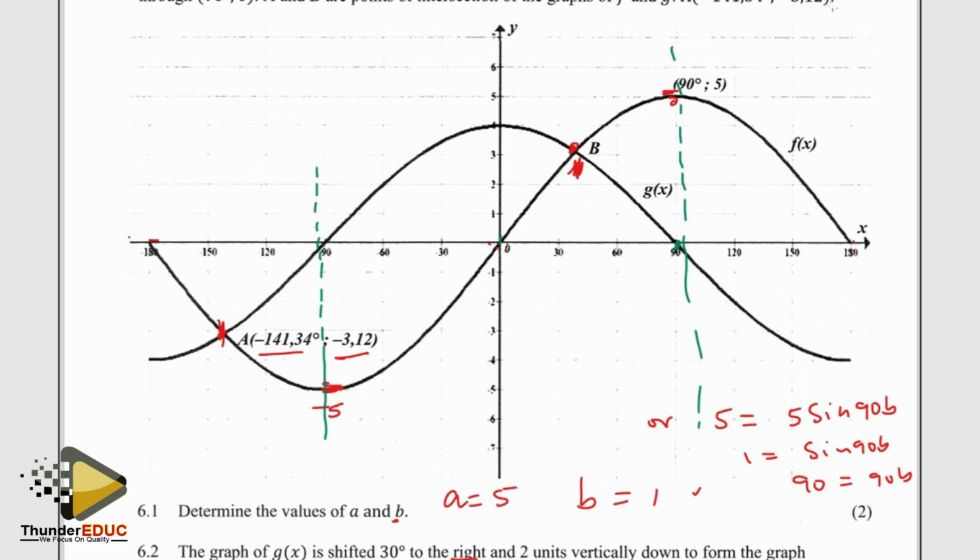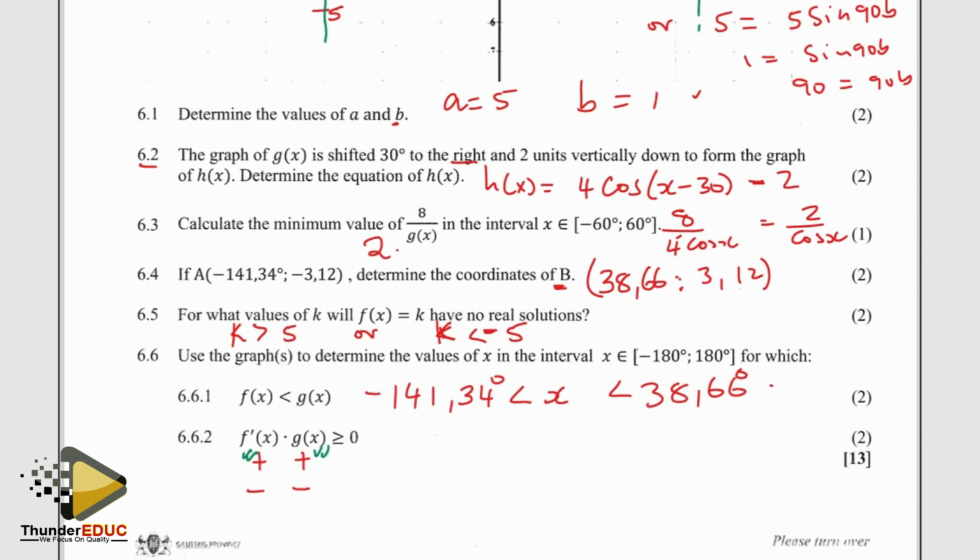Okay, so F is increasing between this point and this point, and G is above between still this point and this point. G is going to be above between negative 90 and positive 90, and F is also increasing. So I'm going to say negative 90 is less than or equal to x is less than or equal to positive 90.